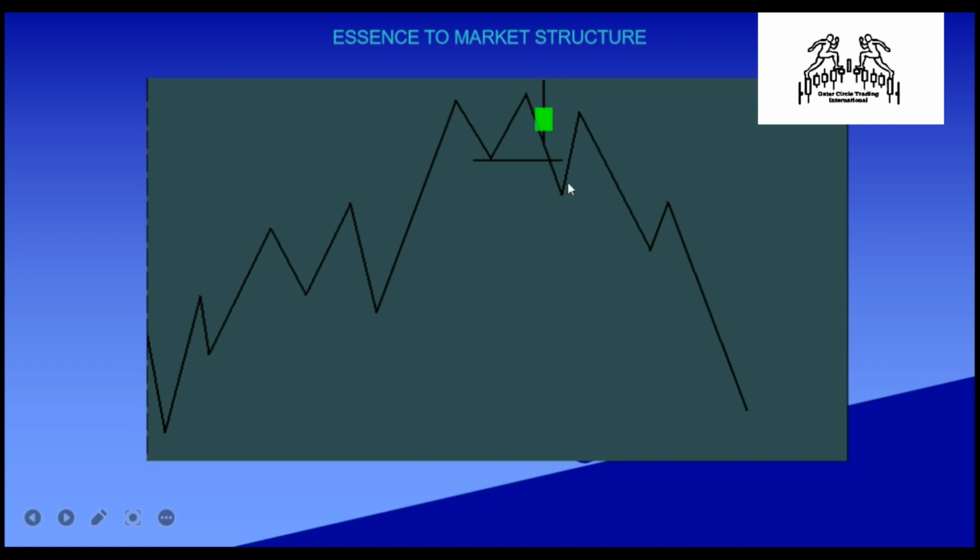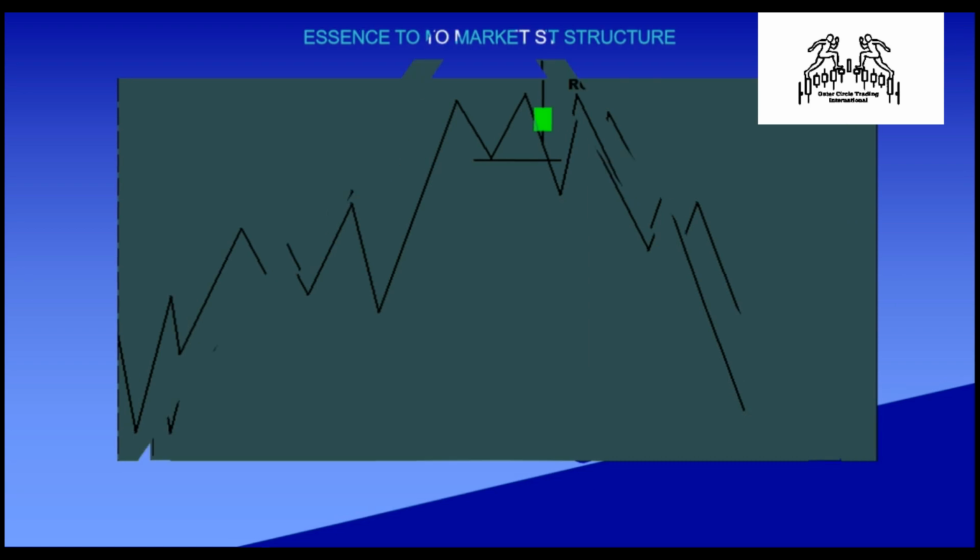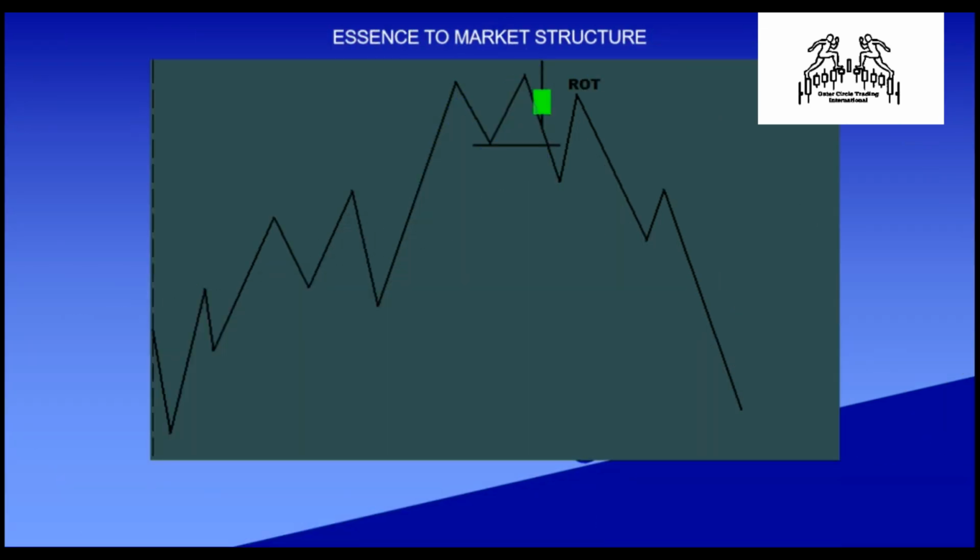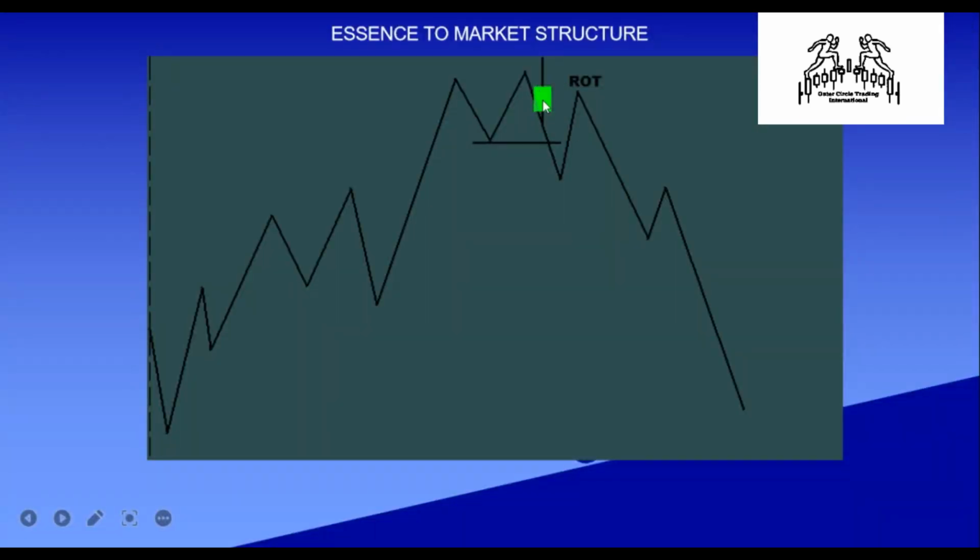And after this shift in market structure, you don't just enter here because price has broken this low. You wait for price to pull back before you take your entry. There will be a pullback or a mitigation towards an area of order block, an area of fair value gap, or towards buy side liquidity.